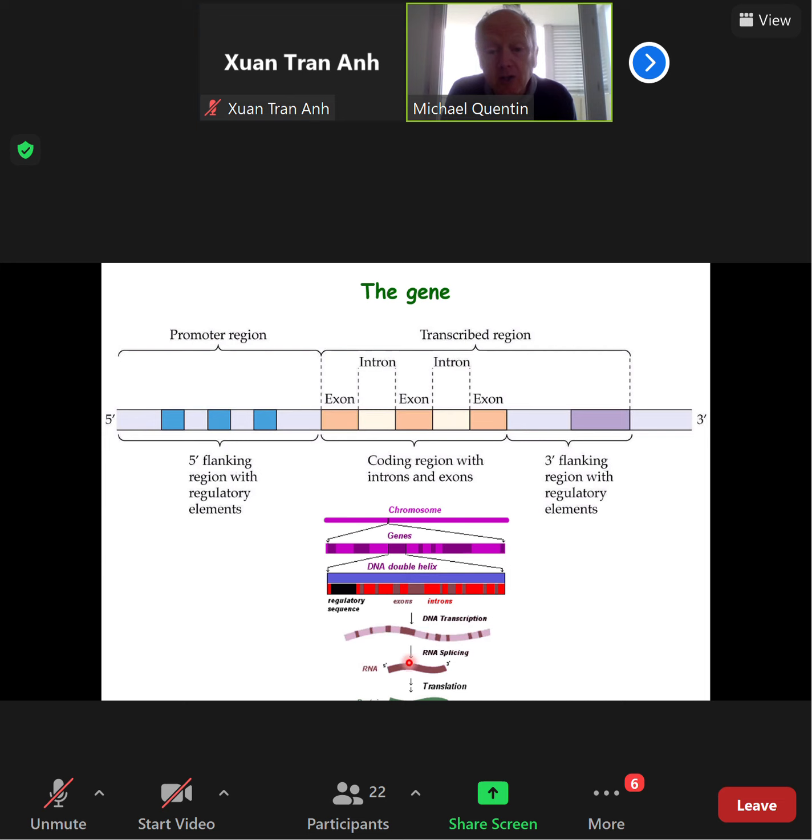You will have what we call a messenger RNA, and this messenger RNA will be translated into proteins. Those are the basics on gene structure that you must all remember. It's very, very important. It's basic knowledge you must know.